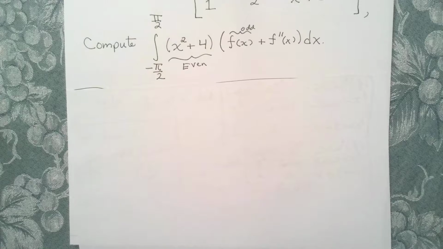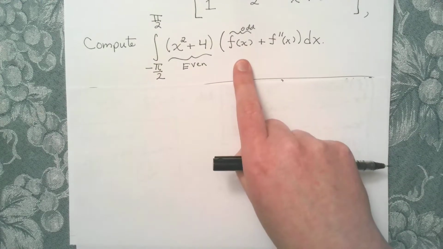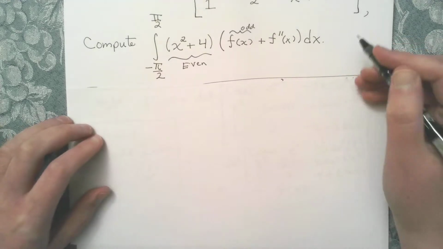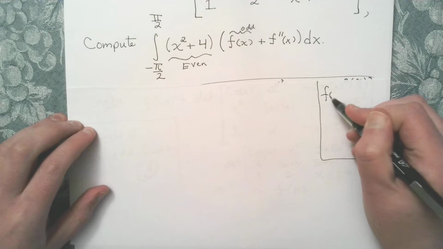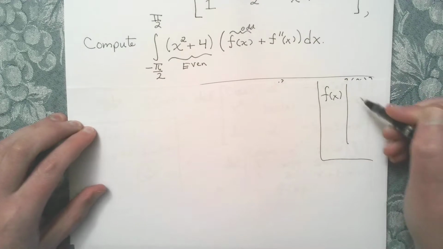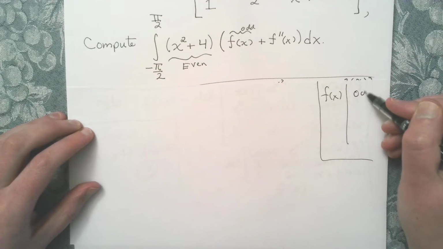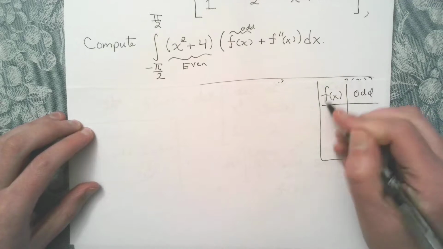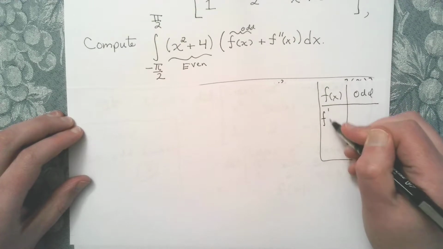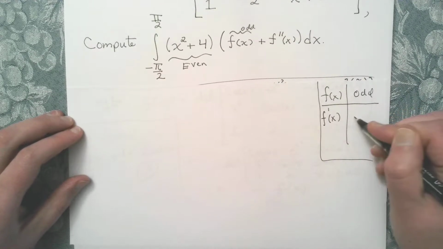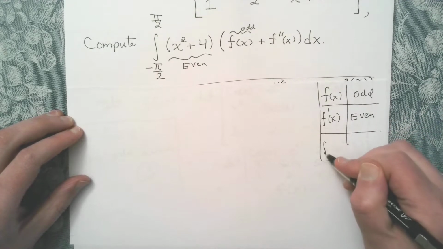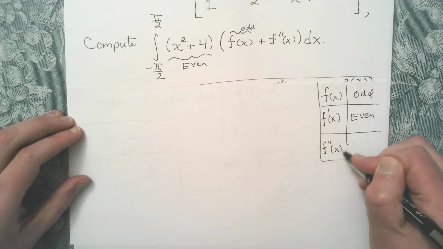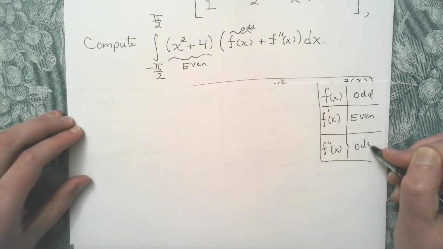And so let's think about how derivatives of even and odd functions work, right? So if I looked at f prime of x, well, let's note this. f of x was, we showed it was odd. So we know from calculus, f prime of x will be even. And so if I take the derivative once more, it's going to flip-flop back to odd.